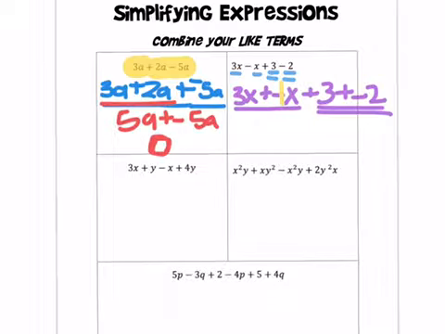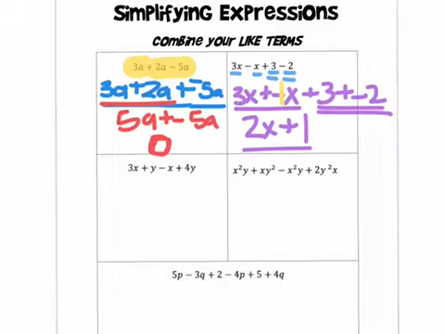So it's also the same as 3 minus 1, which is 2x. Then 3 plus a negative 2 is the same as 3 minus 2, which is a positive 1. And that is your answer. You will not have one term as your answer because we have two different like terms. We have like terms with variables and then our constants, which are our regular numbers. And that is your answer.